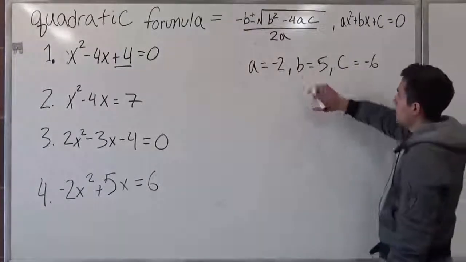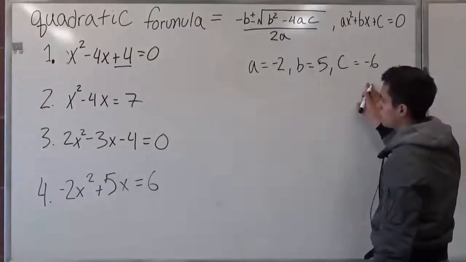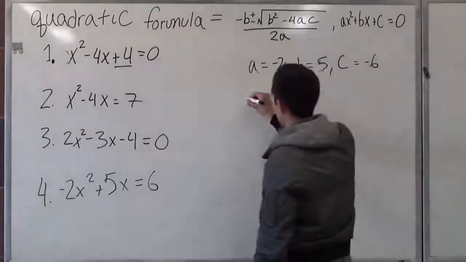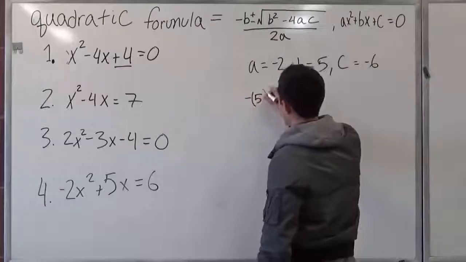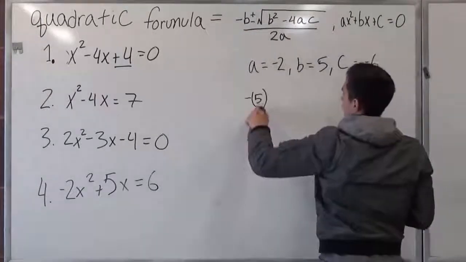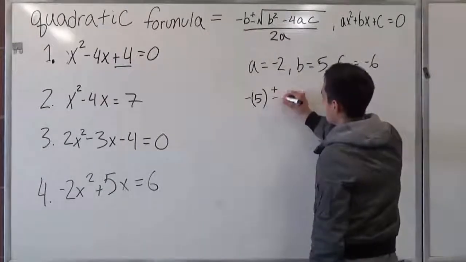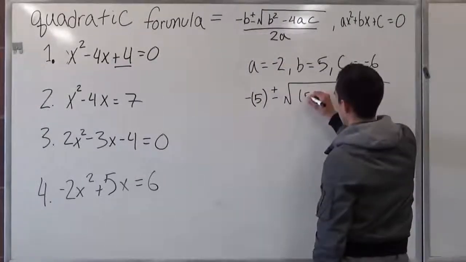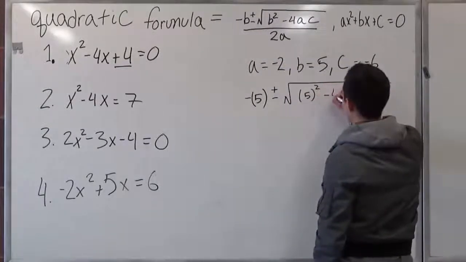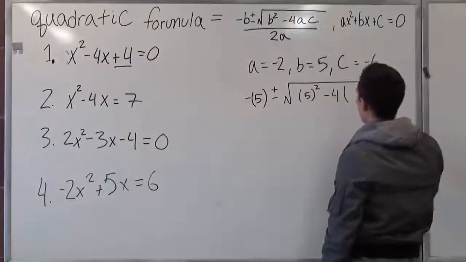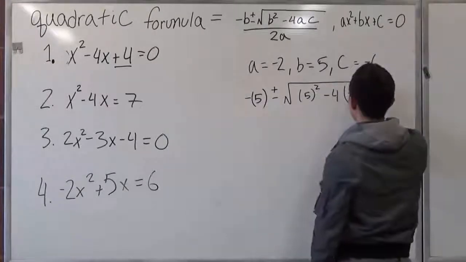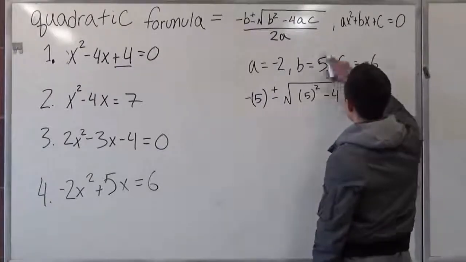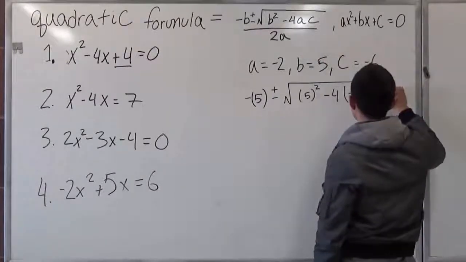So now we have our numbers so that we're able to plug them into our formula, which is very simple. So it would be negative 5, because B is 5, plus or minus the square root of B squared, so that becomes 5 squared, minus 4 times A, which is negative 2, and times C, which is negative 6.